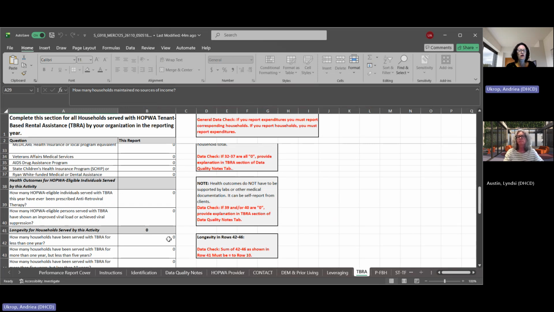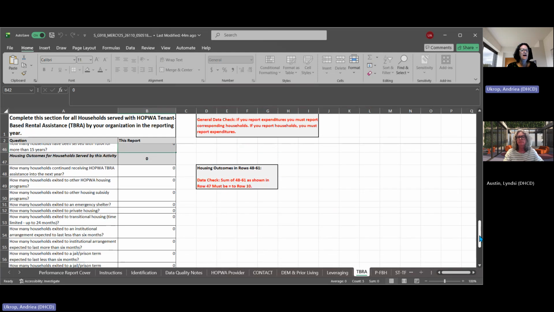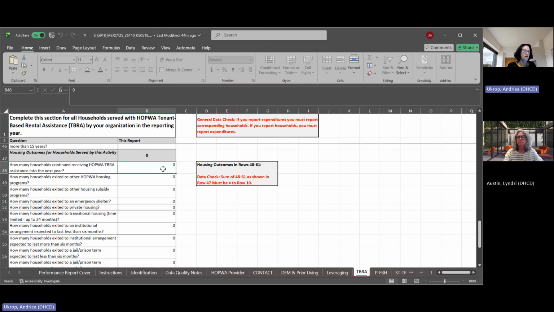Then in rows 41, you will be completing 42 through 46. And that must equal the total number of households that receive TBRA assistance, and the same for the outcome section as well.